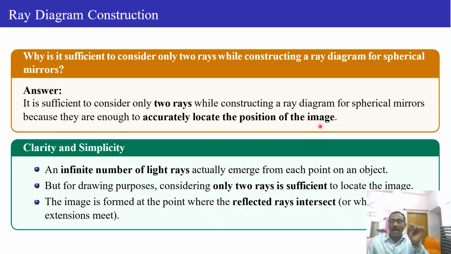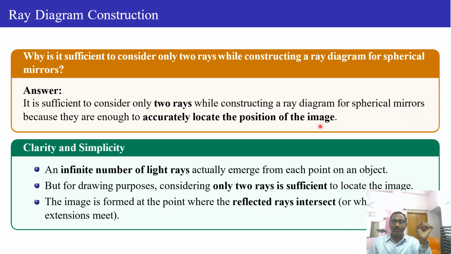So when we want to draw a ray diagram for image formation of an object, in front of the spherical mirror you are taking some object, a light source, like a burning candle. Whenever the light rays fall on the mirror, how do they reflect?